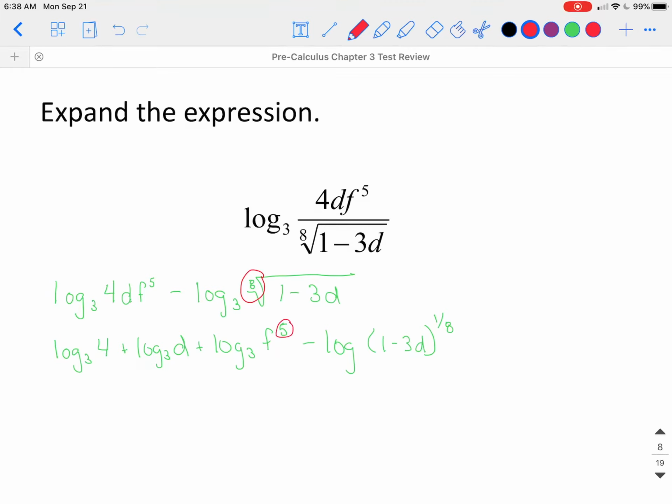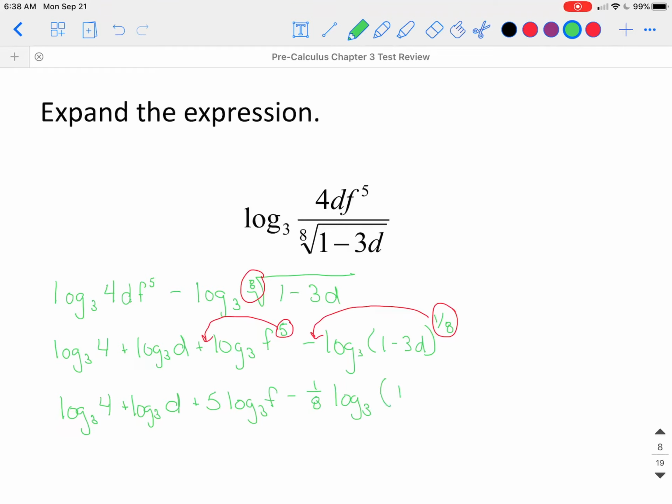Now, any exponent can be brought to the front. So when we write this, we can have log base 3 of 4 plus log base 3 of d plus 5 times the log base 3 of f minus 1/8 log base 3 of 1 minus 3d.